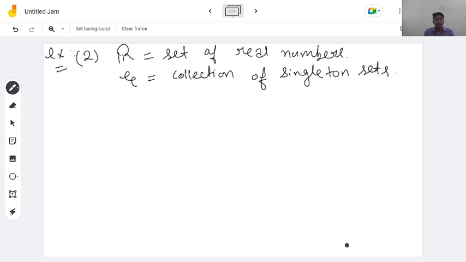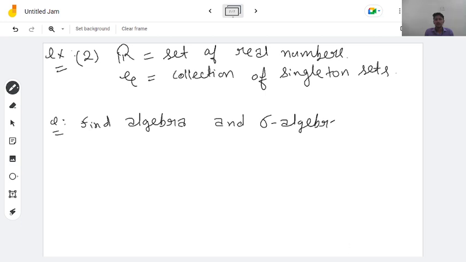The question is the same: find the algebra and sigma algebra generated by C. First we will solve part 1, that is the algebra generated by C.